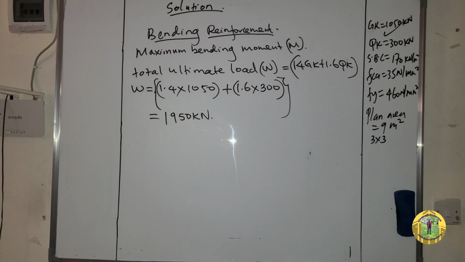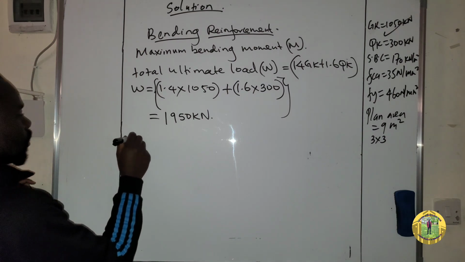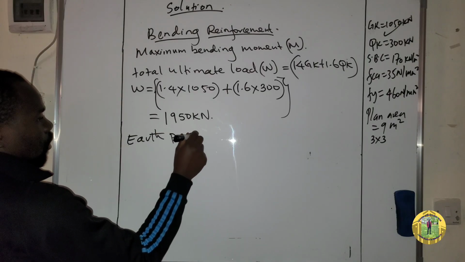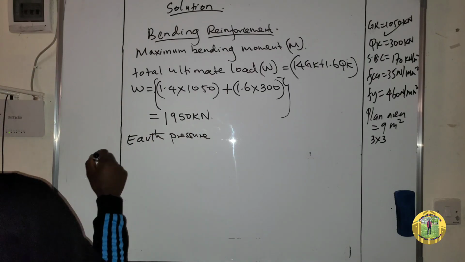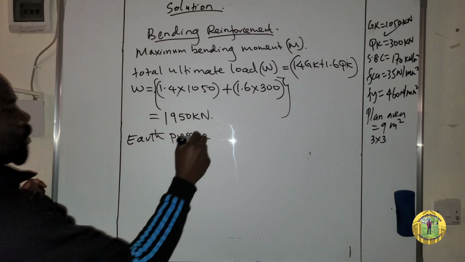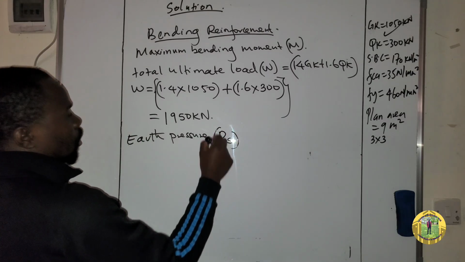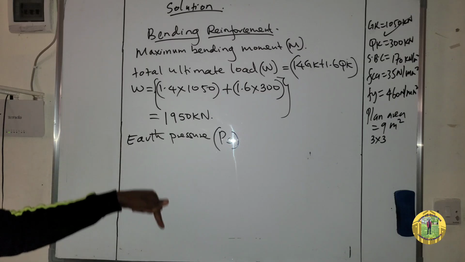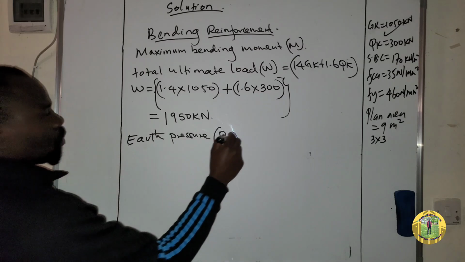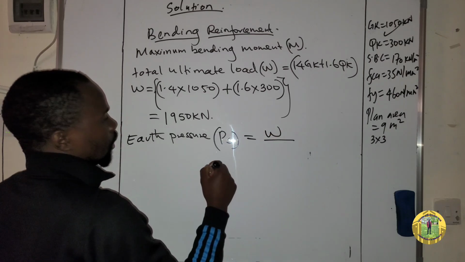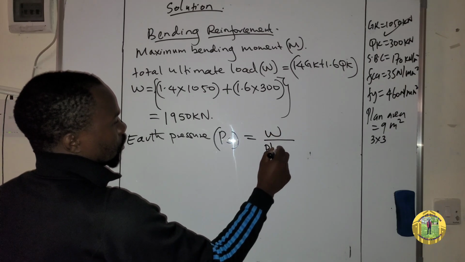Now we need to calculate the earth pressure. So this is PS. This is the pressure as a result of this ultimate load on the ground. So this one is equal to W over the plan area.